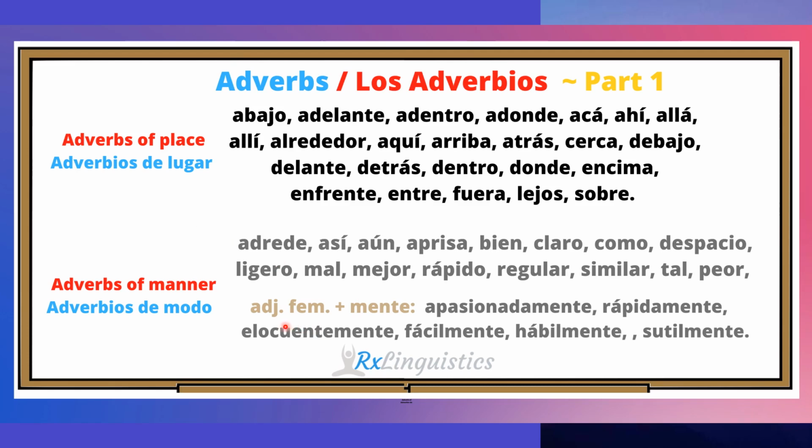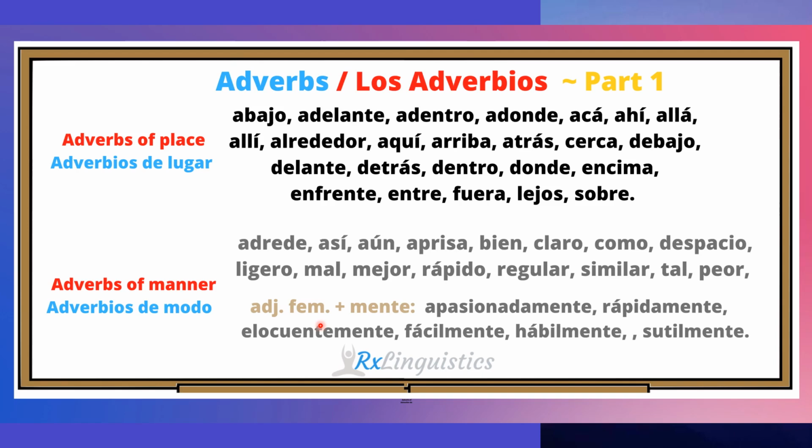there is a way to form adverbs from the feminine form of the adjective. If you have an adjective, if the adjective is masculine, you add the feminine form to it.